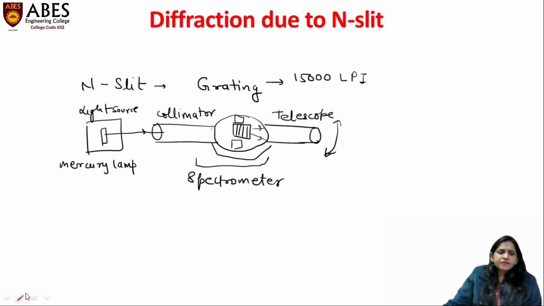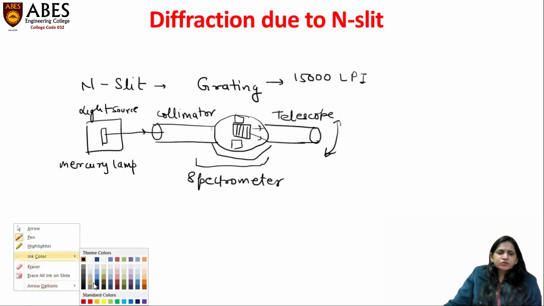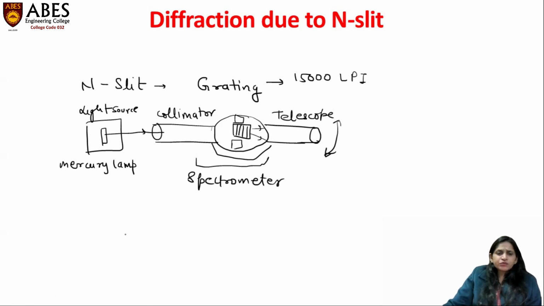The light that is not bent by the slit gives a sort of white color in the center. I'm drawing a rectangle because a spectrum is formed; as the slit is a rectangle, we get a rectangular spectrum.